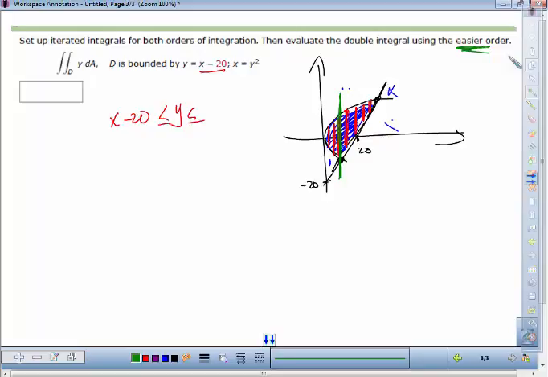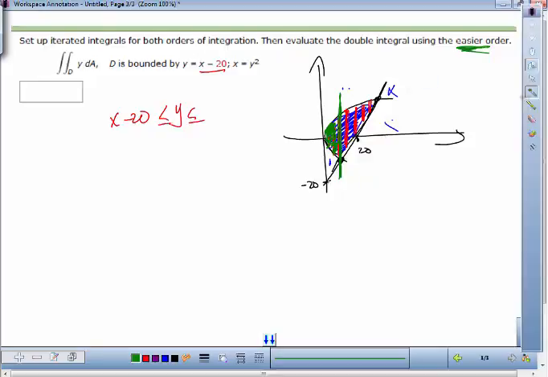So that's going to have to be our plan if we want to integrate with respect to y first, if we make our slices as we identified here. So in doing so, we're going to have to set this up as two different regions. One of them is this region, and then the other one is the other region.